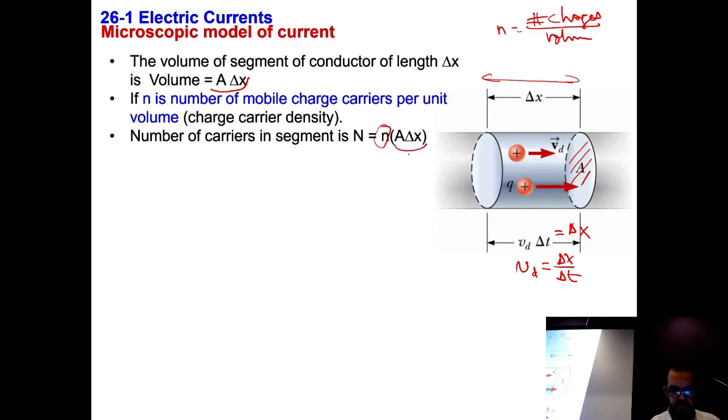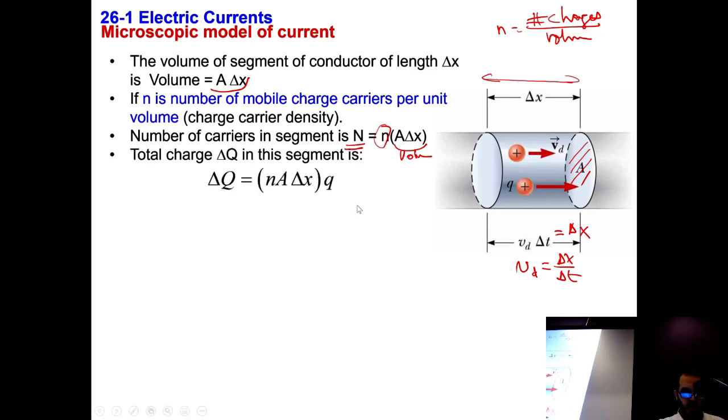Then you get the total number of free carriers in this volume, and we're calling it capital N. Don't confuse capital N, which is the number of charges in this segment, with small n, which is the number of charges per unit volume.